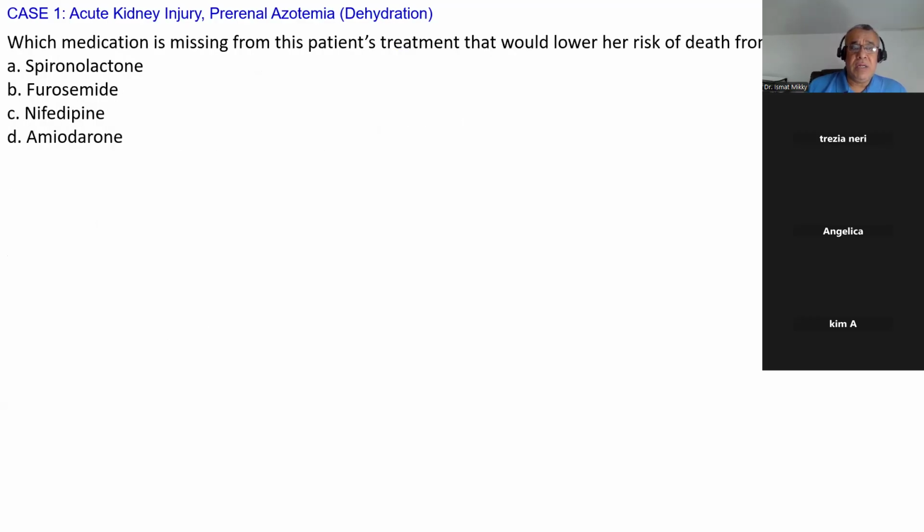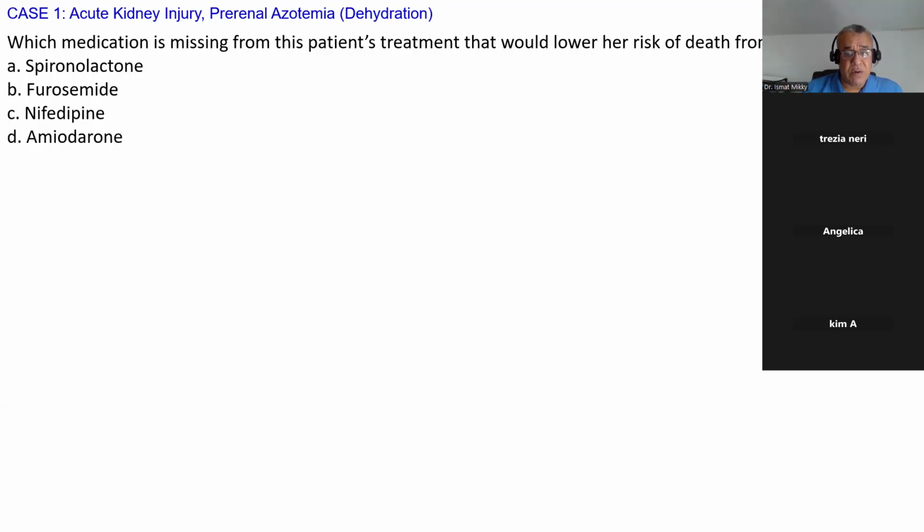Which medication is missing from the patient's treatment that would lower the patient's risk of death from CHF? The medication that would prevent fluid overload is furosemide?